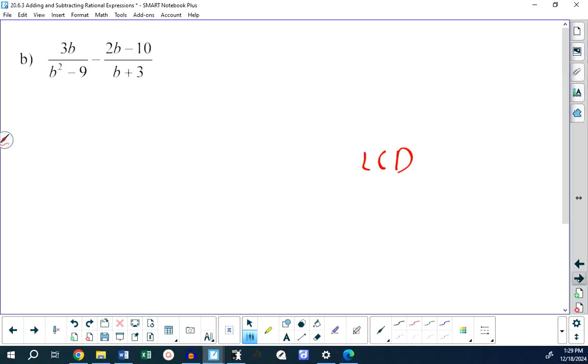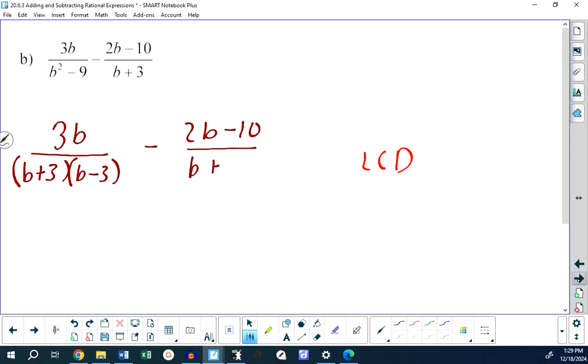So when you take a look at this, this is 3b over b plus 3, b minus 3, minus 2b minus 10 over b plus 3. So the lowest common denominator has to contain all of these factors in that denominator.